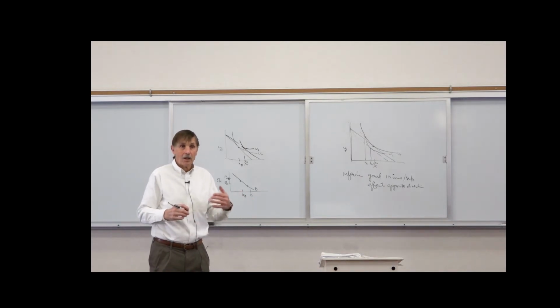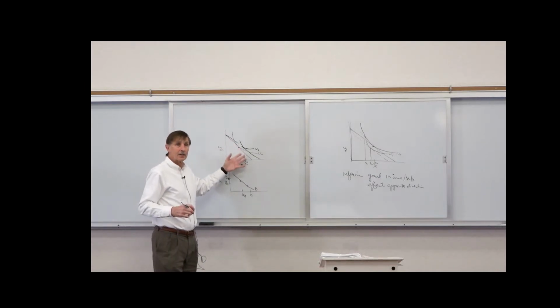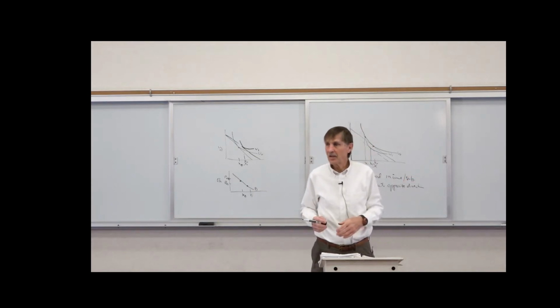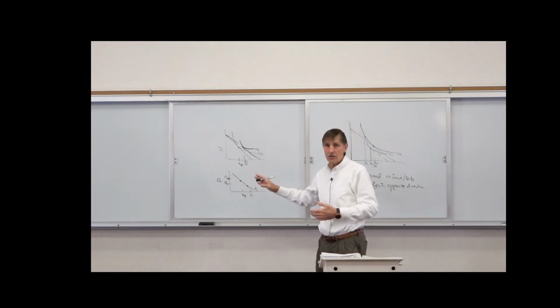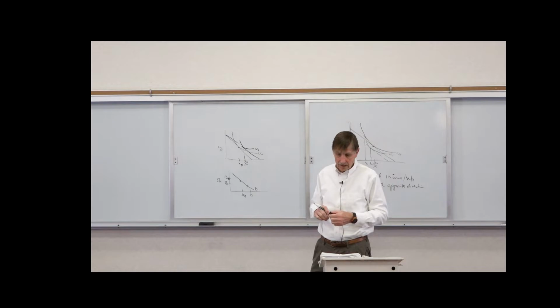Okay. Well, that was coming from this thing here, right? So just a little aside here. Deriving demand curves is just a matter of doing what we just did, taking the indifference curve and setting the budget line tangent to the indifference curve.